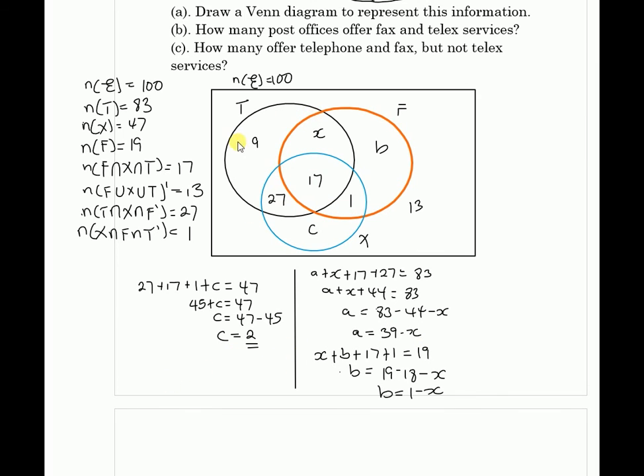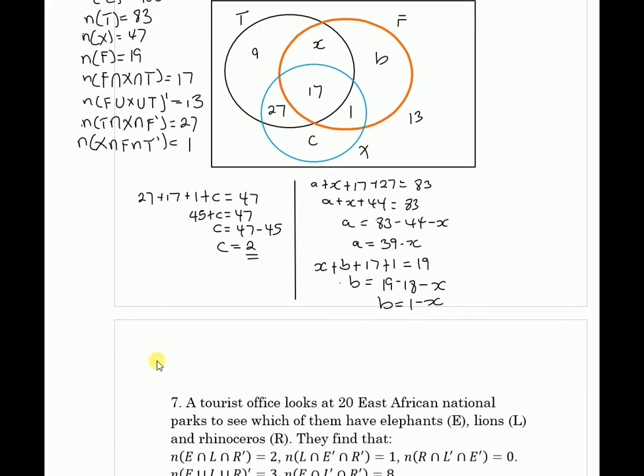So what we are going to do, we are going to add everything inside there, and we equate it to 100. Add everything inside the quadrilateral and equate to 100. So we have A, which is 39 minus X. I am adding this A, which is here.